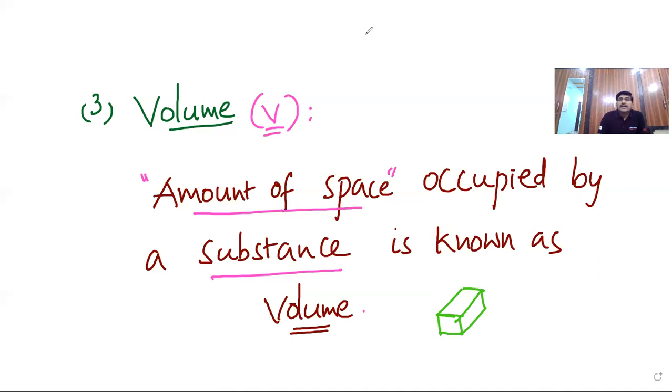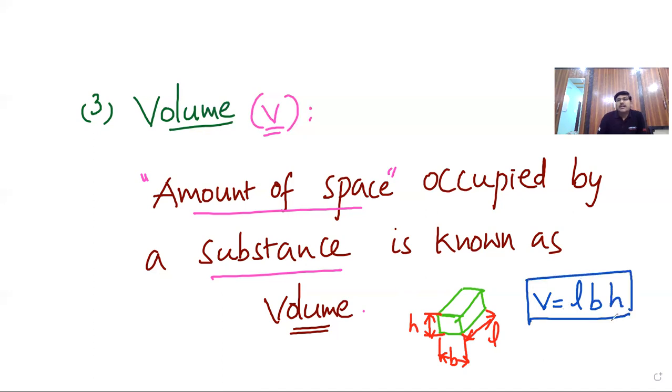I take the length of it, L, the width of it, B, and the height of it, H. So volume V is equal to length L into width B into height H. This is the simple formula, LBH.